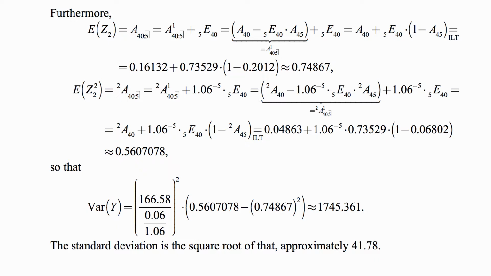Then this term insurance single net premium can be written as A40 minus 5E40 times A45. The reason we do this is because all of these terms are in the illustrative life table. Then combine the terms that have 5E40 in them, and you get A40 plus 5E40 times (1 minus A45).